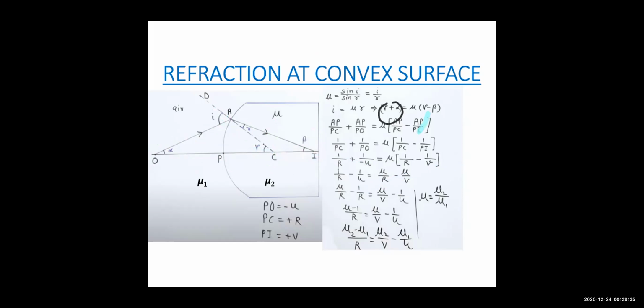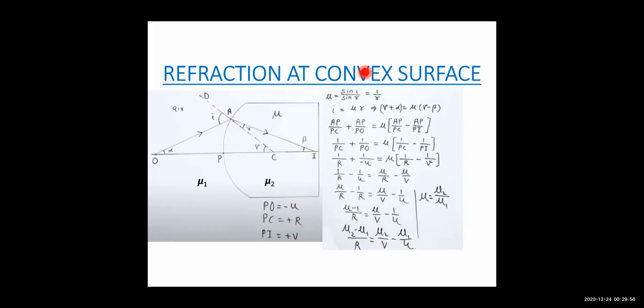Okay. Now, children, we know that according to Snell's law, the ratio of sin i by sin r is a constant, that is the refractive index mu. So mu equals sin i by sin r. This is according to Snell's law.